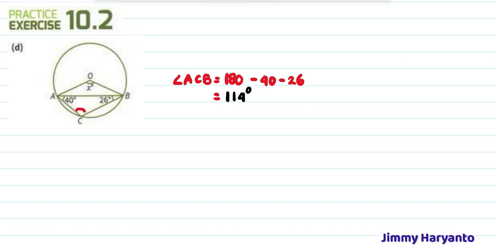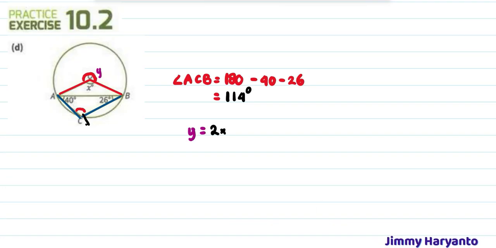Okay, and then after that, that will be our circumference angle, and that means the center angle has to be this one. Okay, let's try to find the y. So the y is the center angle. The value will be twice the circumference angle.